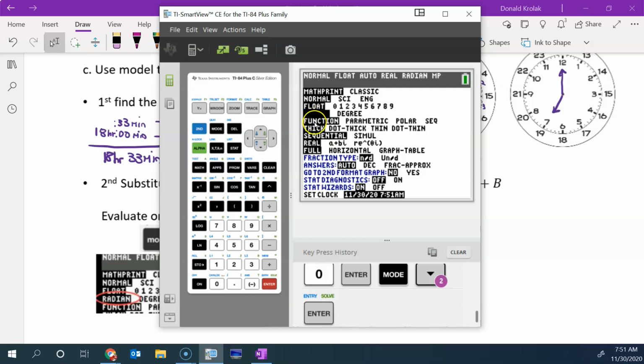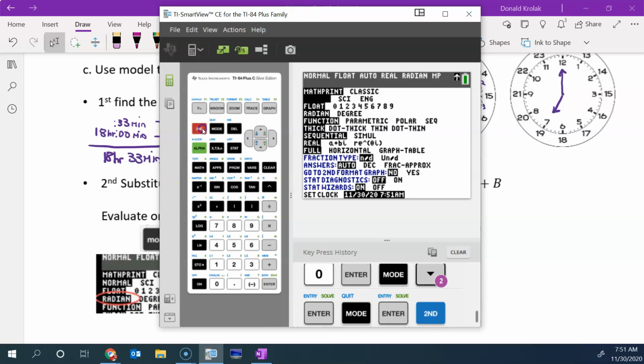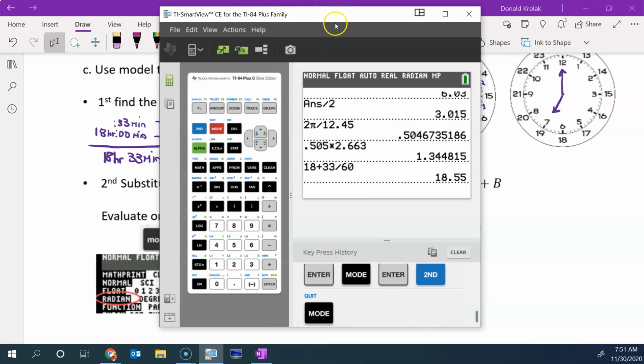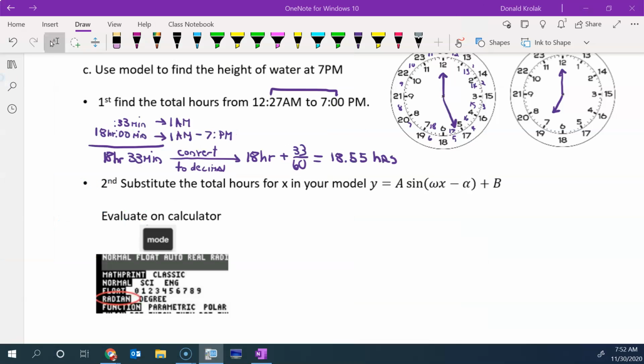So if you're not in radians, you'll get the wrong answer. So that's just mode, then highlight radians and hit enter. If it's already highlighted, you're okay. And then I'm just going to go second quit. So now we're in the right mode. This is critical here.